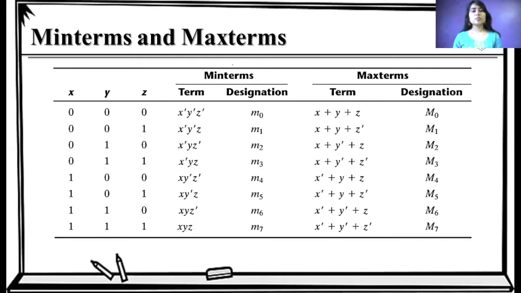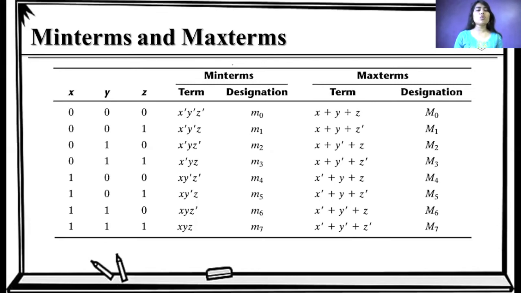Here the minterms are designated by a small m with suffix 0, 1, 2, 3, 4 and so on. For x, y, z equals 0, 0, 0, which is binary 0, we use m0, then 0, 0, 1 is m1. For 0, 1, 0, which is binary 2, we represent m2.